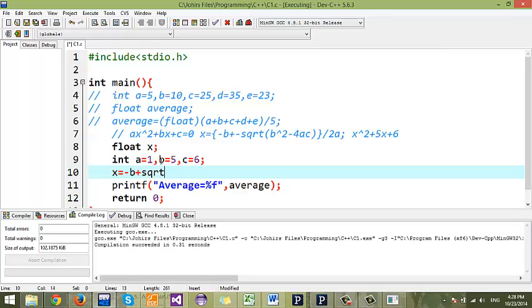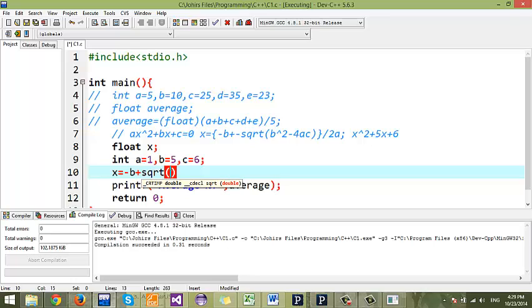You see there is a function sqrt that computes the square root of a value. As you see, the definition of the function: sqrt is a function. It takes a double parameter as input, and it also gives a double as an output.